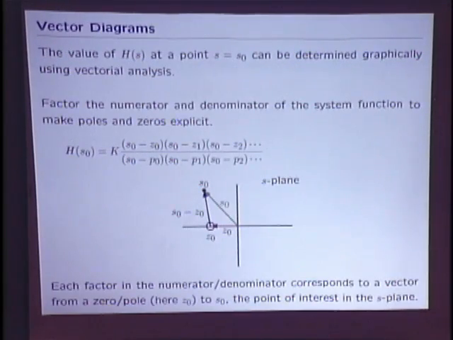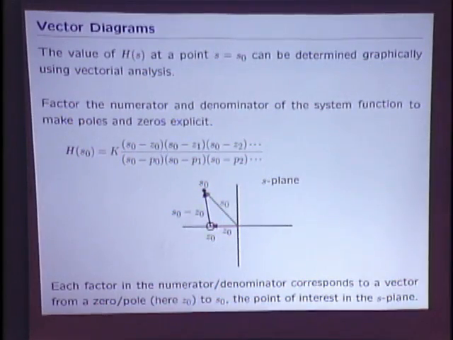The reason that's interesting is that we can factor it. Each of those factors has a very simple geometric interpretation. So if I can represent the LTI system in terms of a system of linear differential equations with constant coefficients, then the system function has the form of a rational polynomial in s.